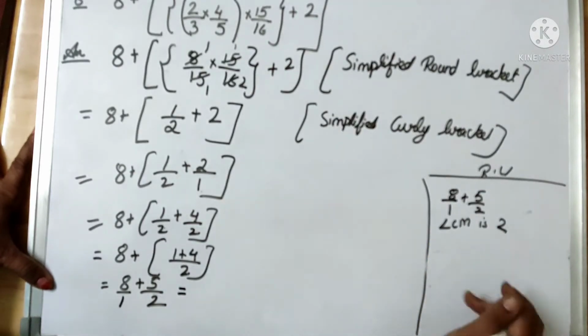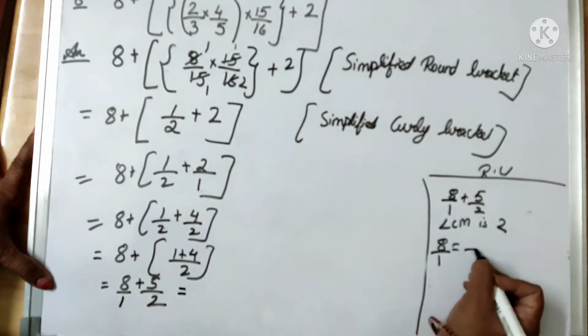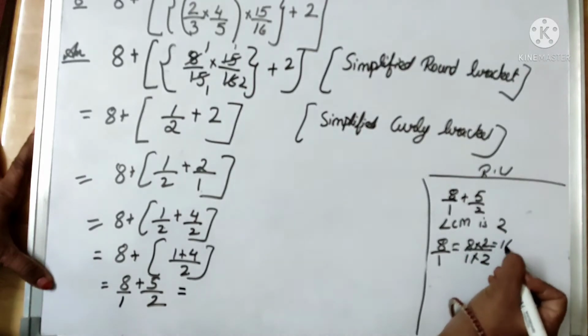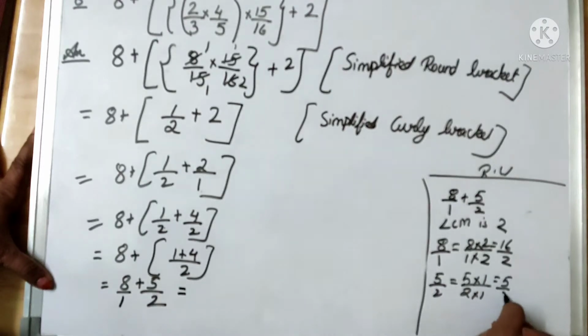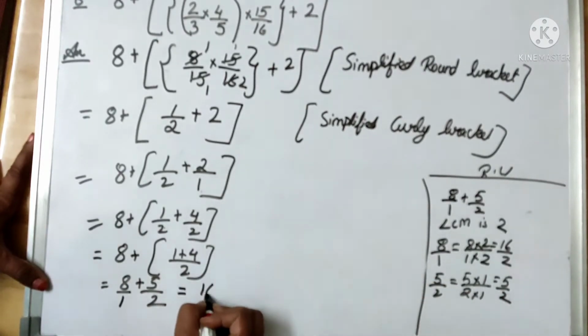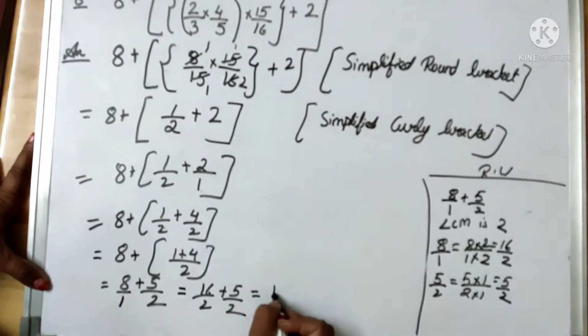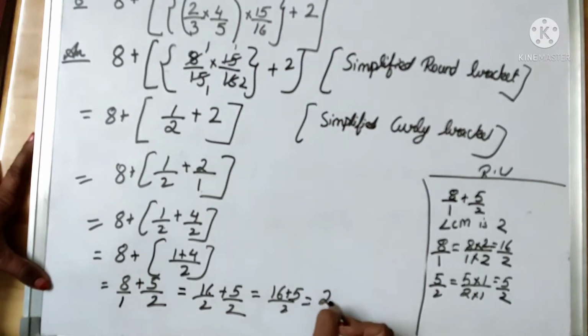Now, 8 by 1 will be 8 into 2, it comes out to be 16 by 2. And 5 by 2, the denominator will be same, 5 into 1, which comes out to be 5 by 2. So, it will be 16 by 2 plus 5 by 2, which will be equal to 16 plus 5 by 2, which will be equal to 21 by 2.